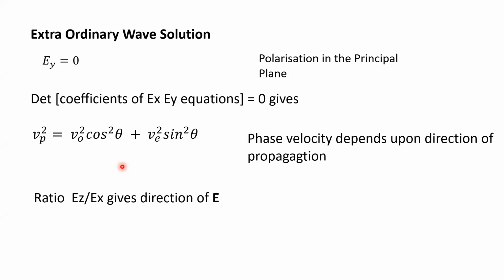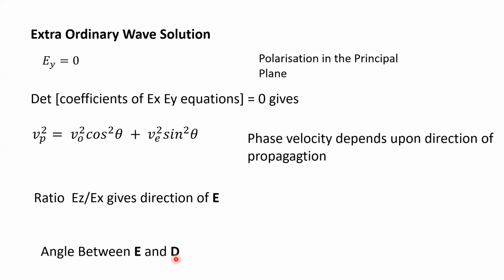When you take that ratio, what you get is the tangent of the direction of that vector E with respect to the X or Z axis, depending upon how you define that angle. So ultimately, after a slightly complicated calculation, you will get the angle between vector E and D.